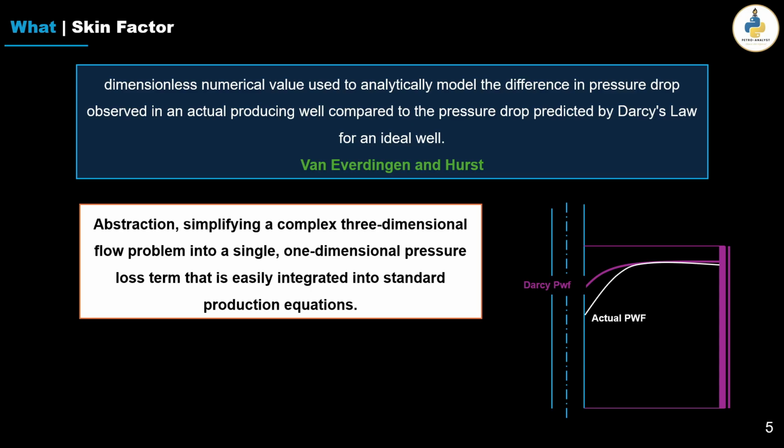The skin factor is an abstraction, simplifying the complex three-dimensional flow problem into a single one-dimensional pressure drop loss that can be easily integrated into standard production equations. So it is simply an abstraction that captures any pressure drop additional to the one that is expected from the Darcy law.